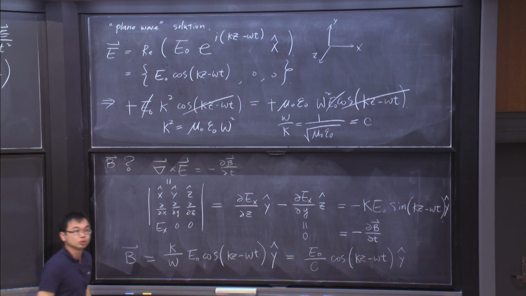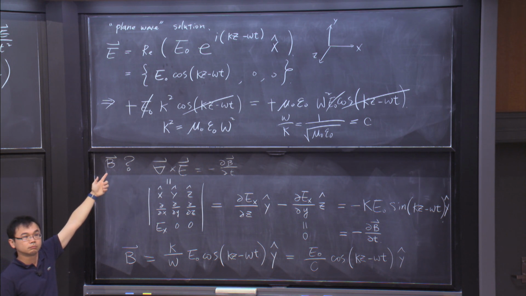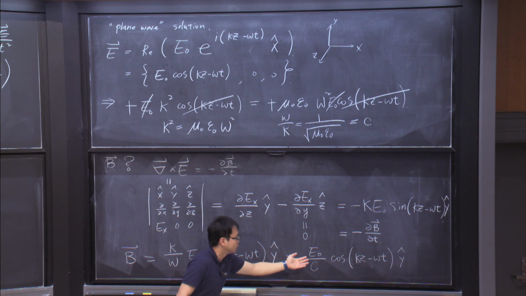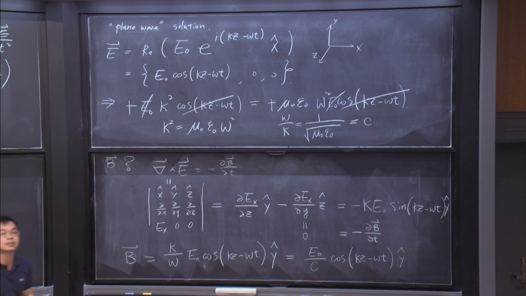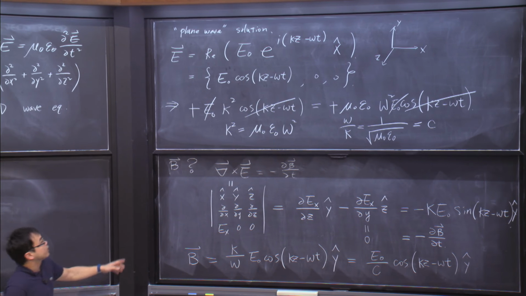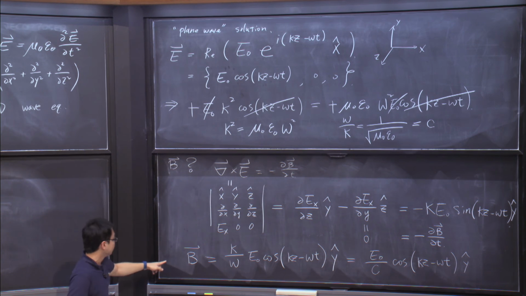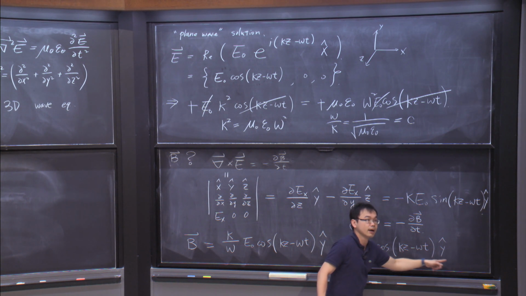They are proportional to each other. Originally, the magnitude of the electric field is E0. The corresponding magnetic field has a magnitude proportional to E0, but there's a factor of 1 over c difference between the magnetic field amplitude and the electric field amplitude. The third thing we learn from here is that the electric field is in the x direction, while the B field is not in the x direction, it's in the y direction.